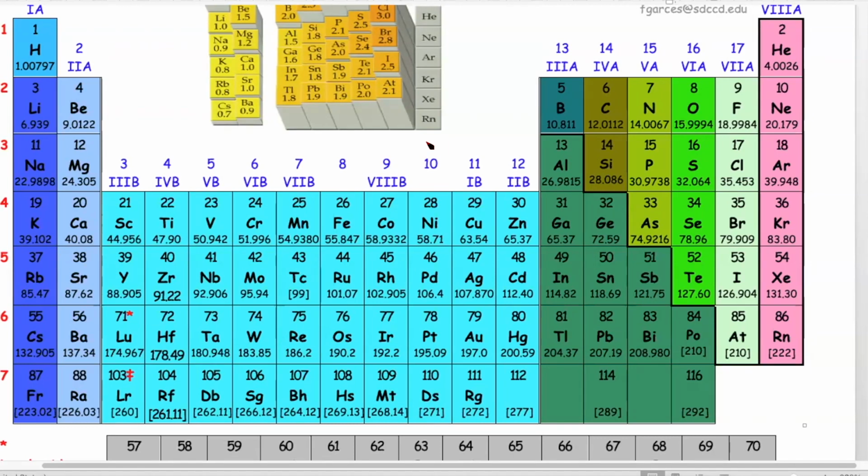You're just adding more electrons. Actually, as you go across the periodic table, the size of the atom shrinks. Why does it shrink, even though you have more electrons? Because you're also increasing the number of protons. With more protons in the nucleus, it's attracting those electrons with a greater efficiency, which draws that electron cloud closer in.